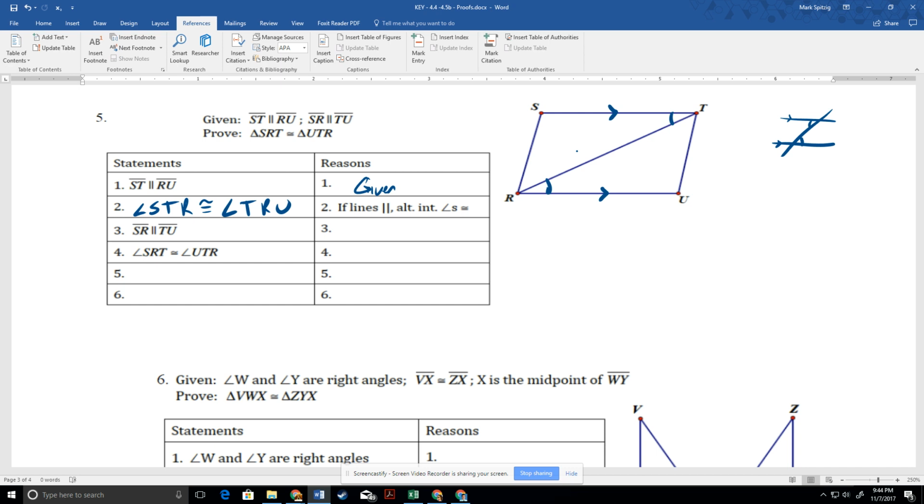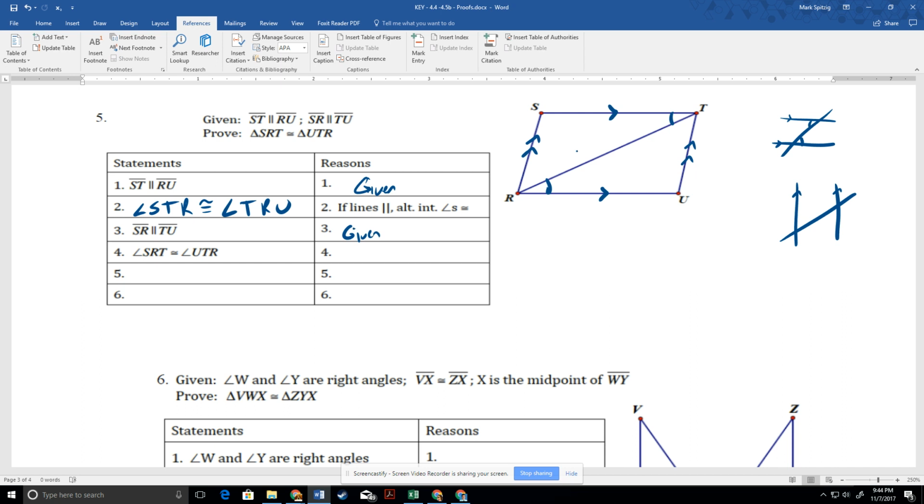Okay. Now it says that these other lines, SR is parallel to TU, parallel, not congruent. So again, we have another set of parallel lines that are more vertical. We still have a transversal going like that, but these are the parallel lines in this case. They're parallel because it's given. I forgot to write that, but I did mark it.